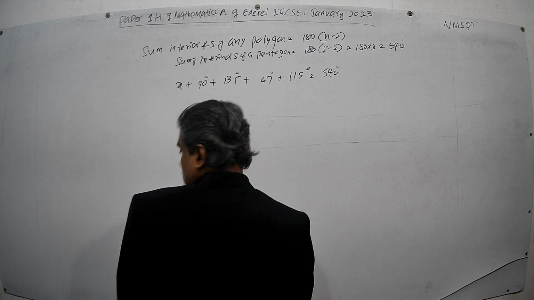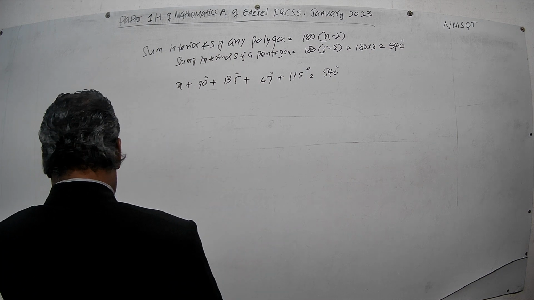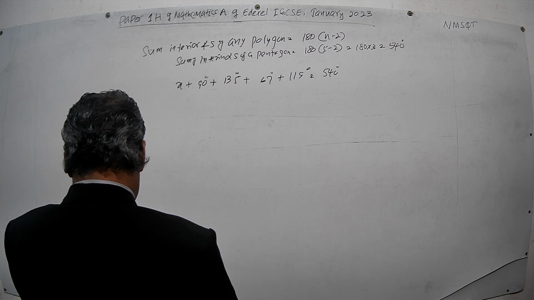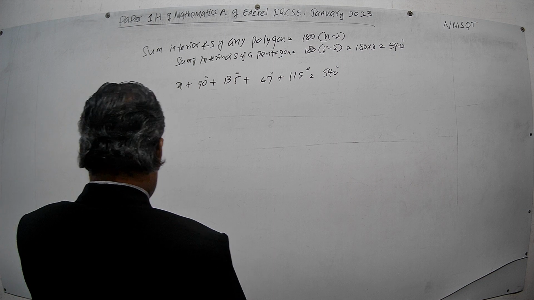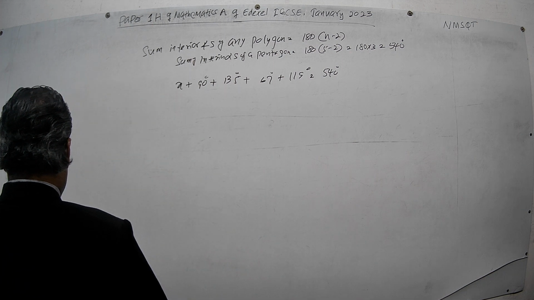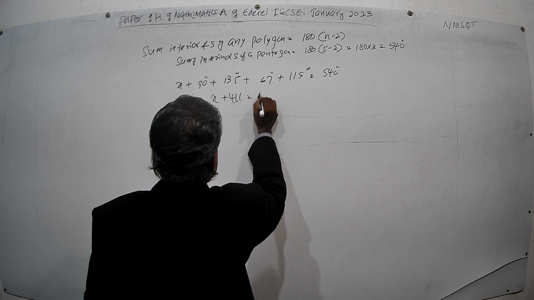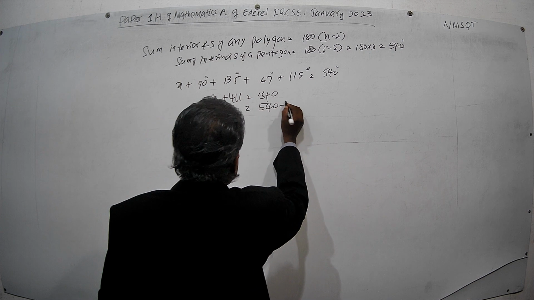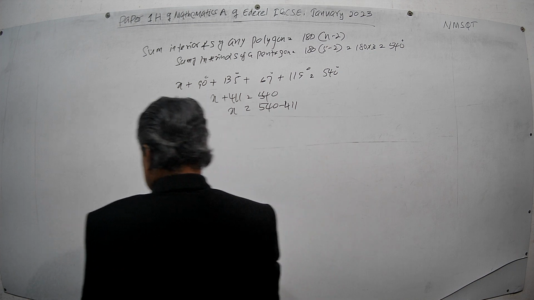Add all these: 90 plus 135 plus 67 plus 119, all together 411. That is x plus 411 equals 540. Then x equals 540 minus 411. Then you will be getting how much?